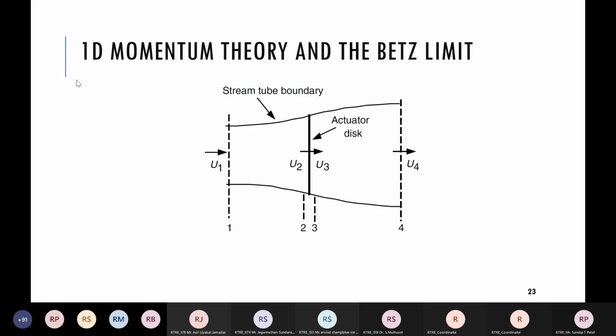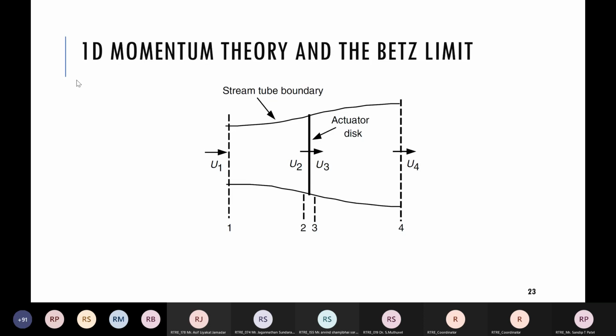At a particular instant of time, it represents the direction of flow, where it is going. It may change with time, but it is only valid for a particular instant. So here the assumption is there is a stream tube boundary, which is cylindrical, in which our actuator disc, having an infinite number of blades, is kept.